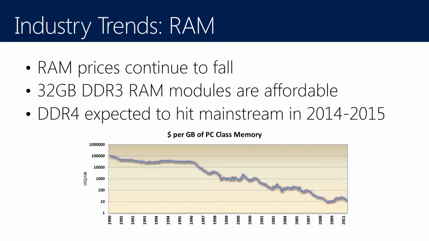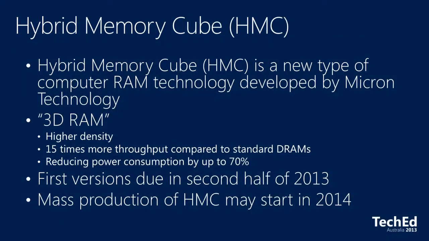It's not quite mainstream yet; people are predicting 2014, maybe 2015, with faster speeds, higher densities, and so on. As a bit of a tangent, something I'm keeping my eye on is HMC memory, hybrid memory cubes. I'm not going to talk too much about this because I don't know too much about it, but I'm watching this space. It's interesting because it's like 3D memory.